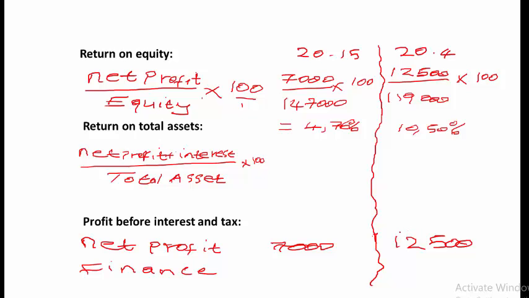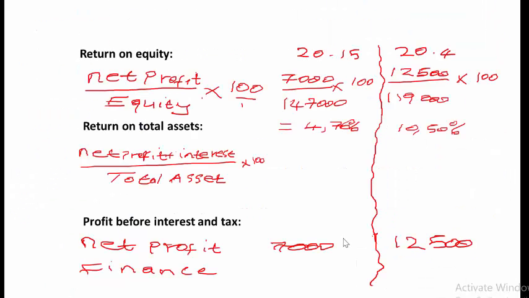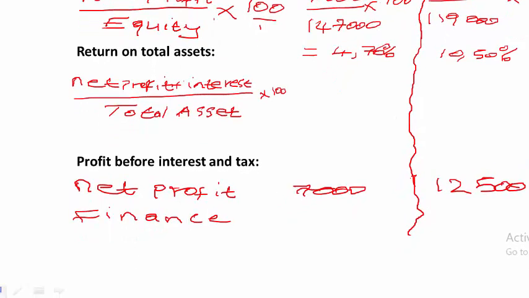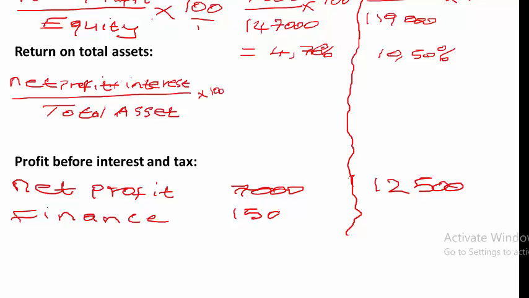So we are going to go back up to check for our finance costs. Finance costs are 15,000 and 10,000 respectively. So we add 15,000 and 10,000 respectively. It's 15,000 if my memory serves me well, and 10,000. So those were your finance costs.